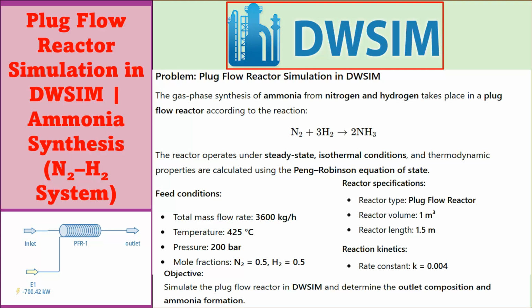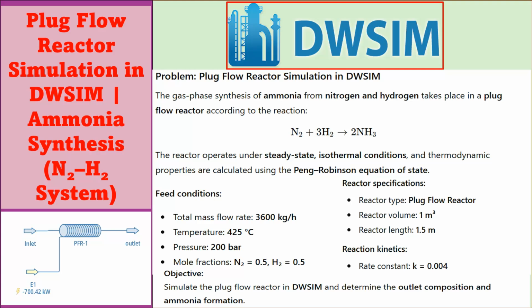The feed enters the reactor at a mass flow rate of 3600 kg per hour, a temperature of 425 degrees Celsius and a pressure of 200 bar with equal mole fraction of nitrogen and hydrogen.